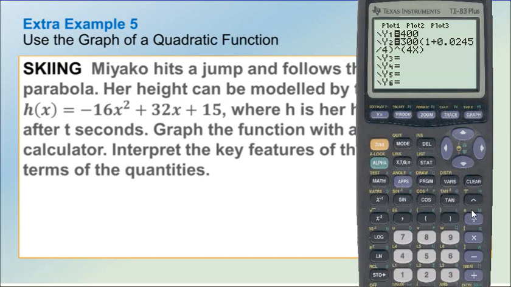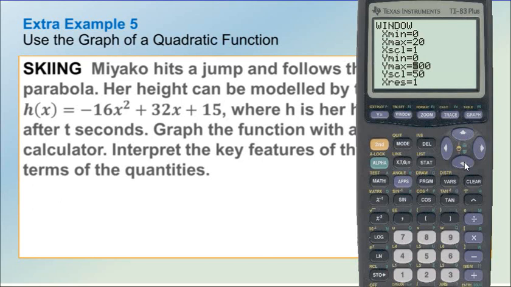We're going to go to our y equals, clear what we have in here. We're going to type in negative 16x squared plus 32x plus 15. And I'm going to change the window settings. Minimum is 0. Maximum, we could keep this at 20 to see what that would be. The y minimum is 0.